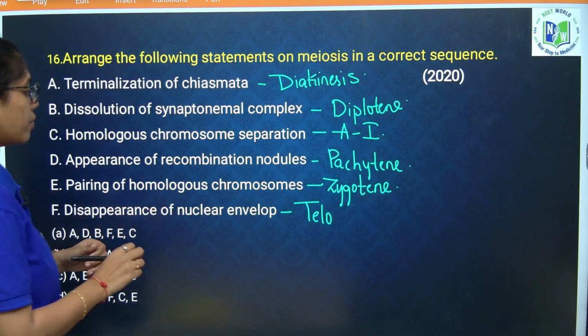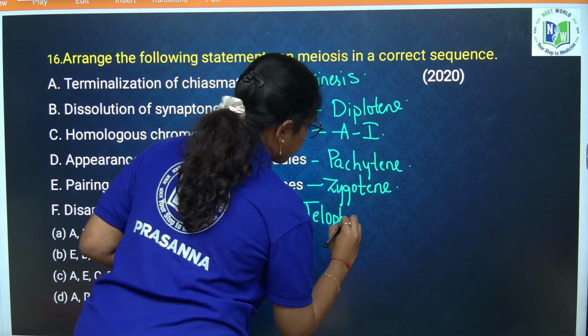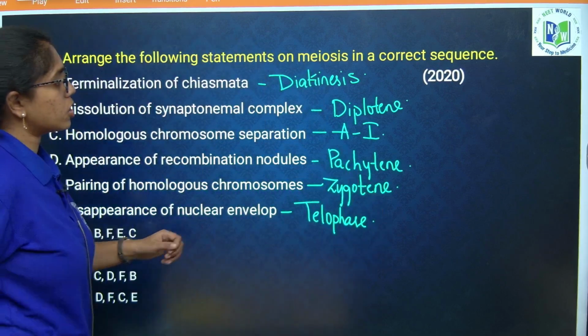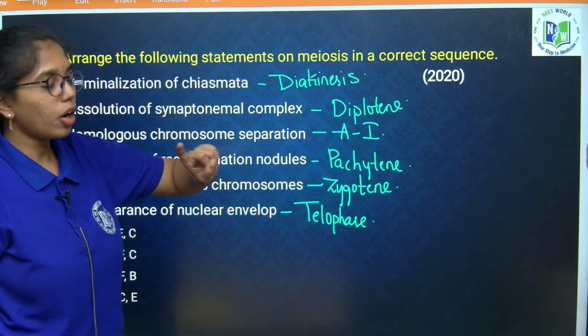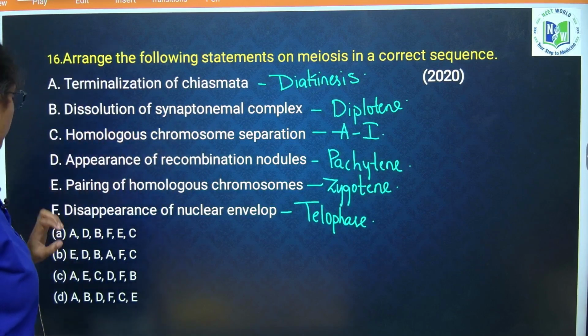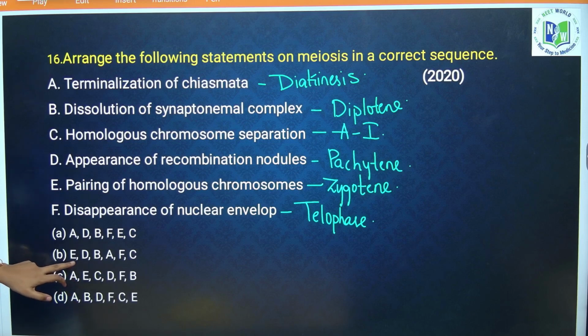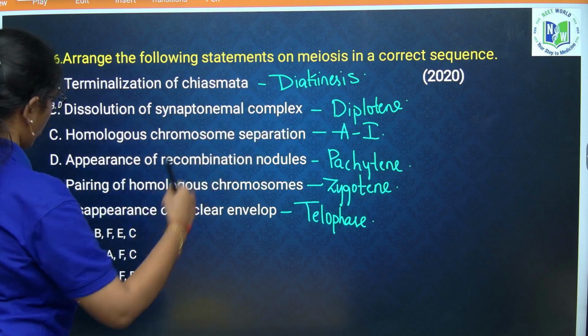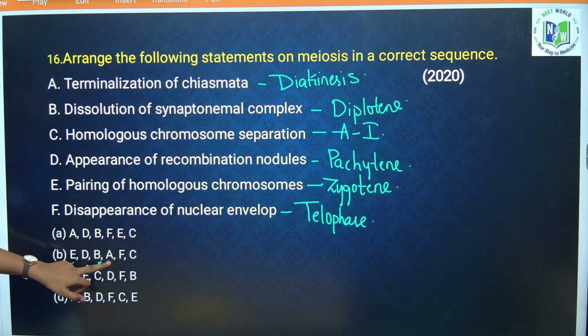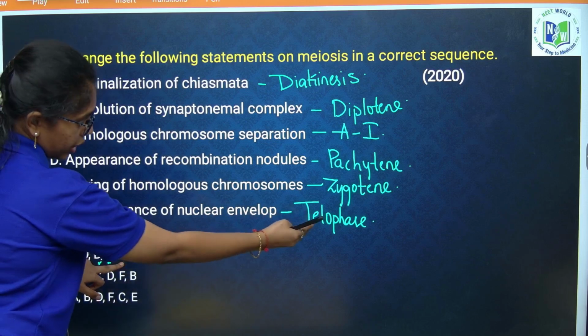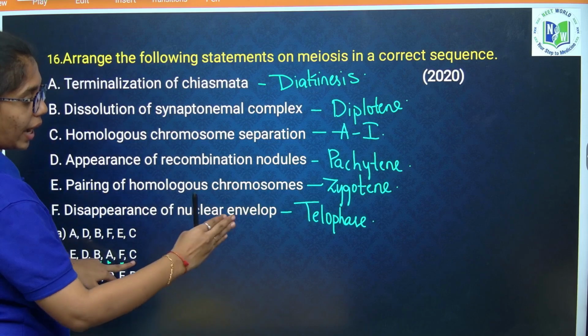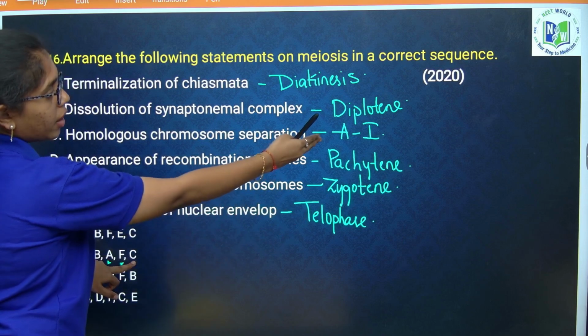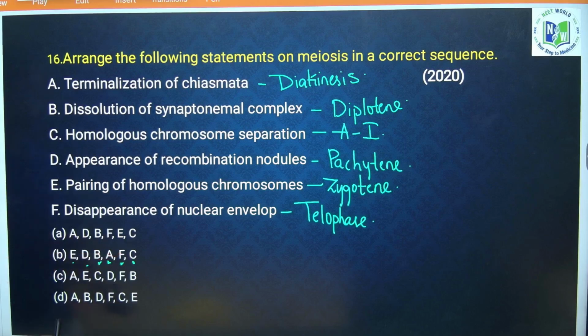So all these activities are of prophase 1: first zygotene, then pachytene, then diplotene, followed by diakinesis, then of course telophase. After that, only after prophase, it undergoes anaphase 1. So the correct option is B.